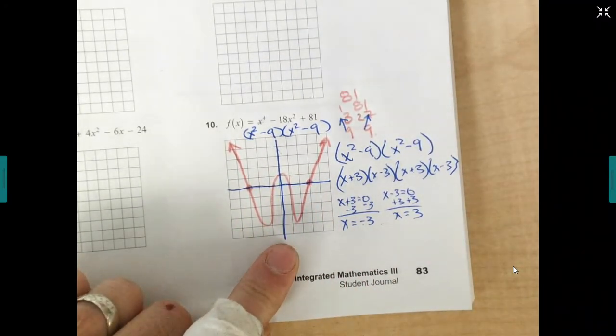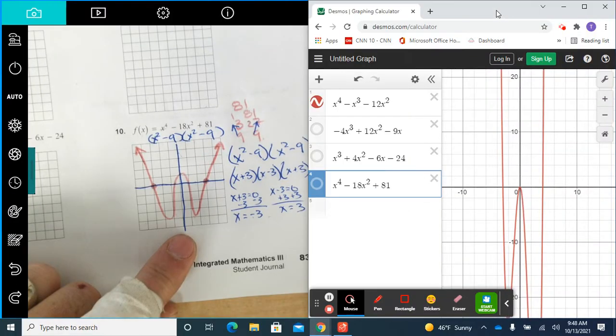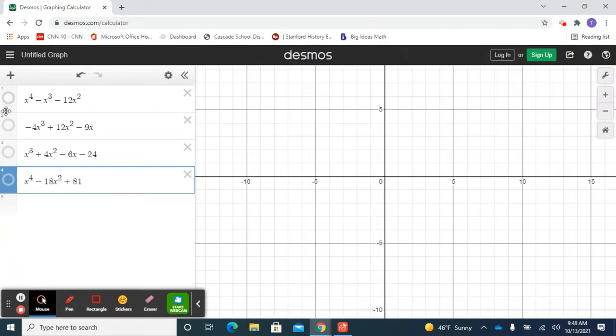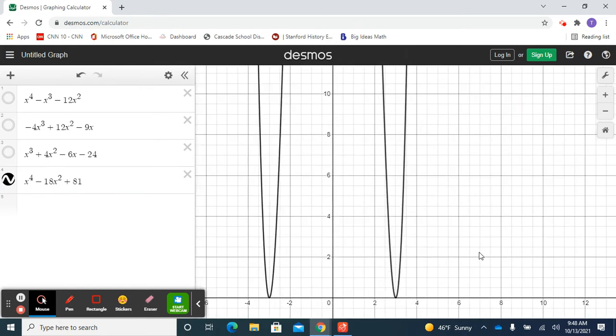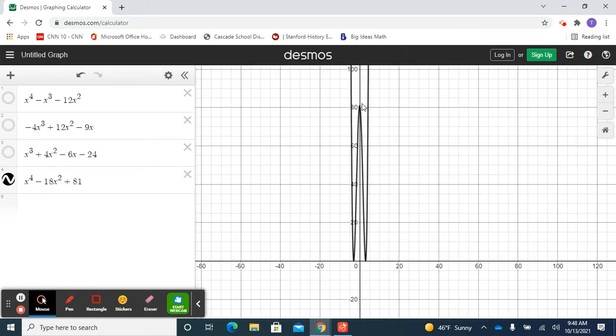Now, if we want to see what it really looks like, we could go over here to the Desmos calculator. And this equation is x to the fourth plus 18x squared plus 81. And there, in fact, is our equation. Ooh, it goes all the way up to the 80, 81, in fact.